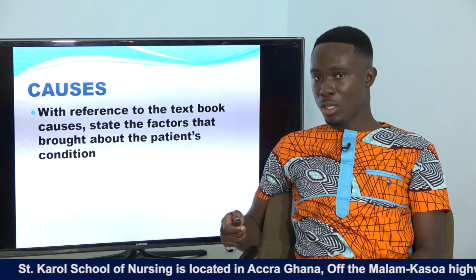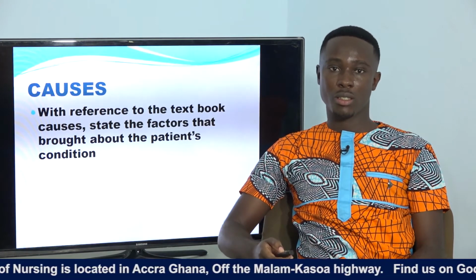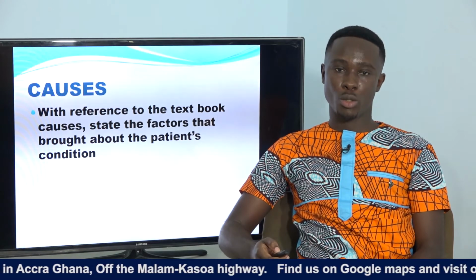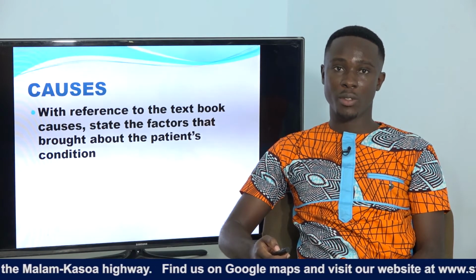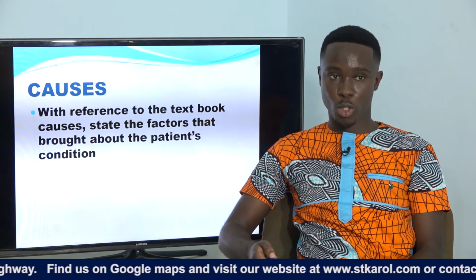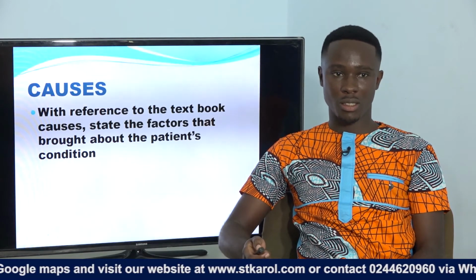Under causes, with reference to the textbook, you state the factors that brought the patients to the ward. So in your write-up or in your literature review, you have certain causes of the disease condition. What causes the disease condition? There are a number of things that cause certain disease conditions.